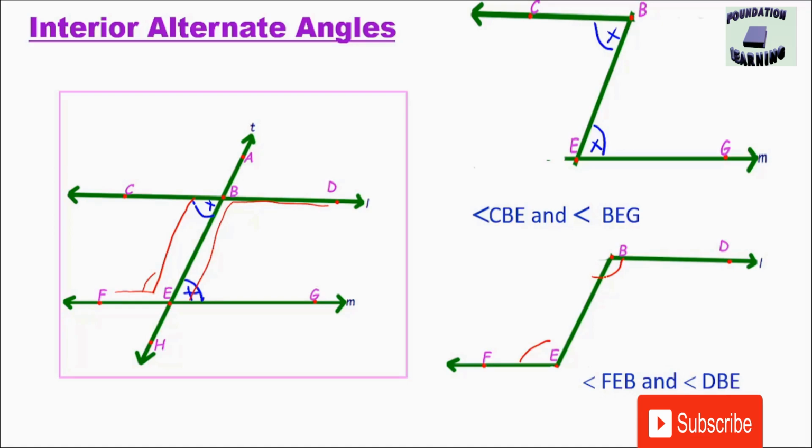Once again, this is the second pair of interior angles: FEB and DBE. You've seen that it is a zigzag shape, either this way or this way. These are the alternate angles, the pair of interior alternate angles.